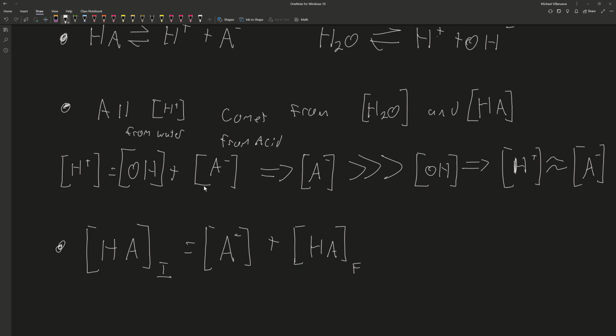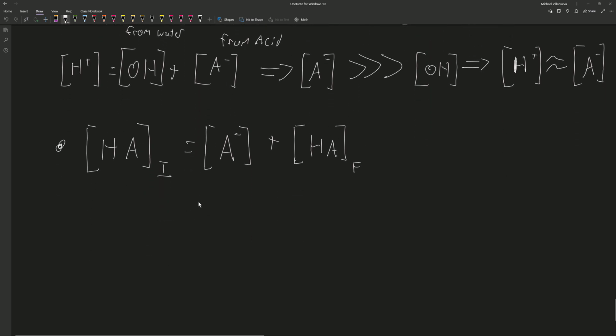So what does this mean? This means when we put this acid in solution, some of it's going to dissociate into H plus A minus, but some of it is going to stay in its HA form. So we could say that the initial concentration of the acid is equal to however much of the salt is released into solution, plus however much of the acid remains in solution. This is going to help us a little bit in setting up some equations.